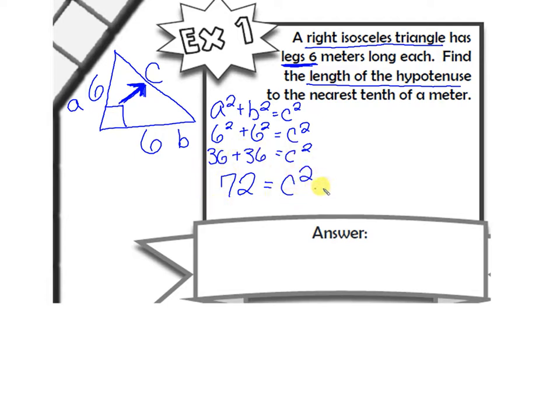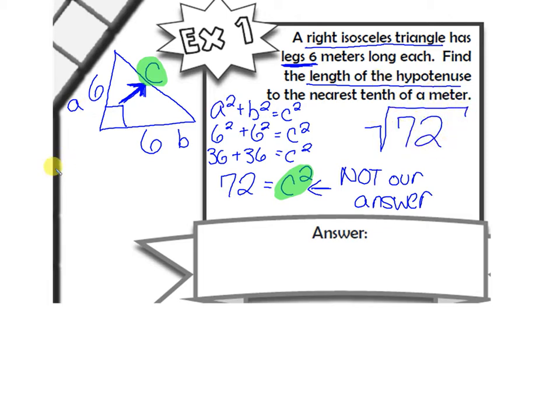This right here is not our answer, because my picture says that I'm looking for C. And right now, I have C squared. So the way that we undo C squared is to take the square root.